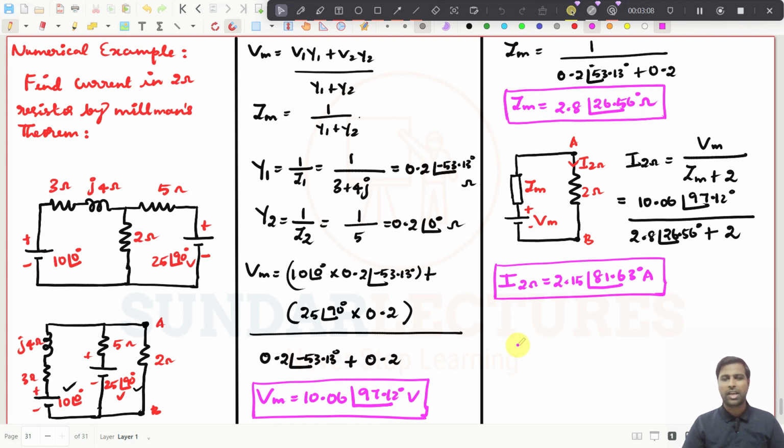So we will try to take AC circuit problems for the superposition theorem, Norton's theorem and Thevenin's theorem in the next class. Maybe we will take another example. Yes, we have already taken an AC circuit problem for the maximum power transfer theorem. So for these three theorems, Norton's theorem, Thevenin's theorem, and superposition theorem, we will take an AC circuit example in the next class.